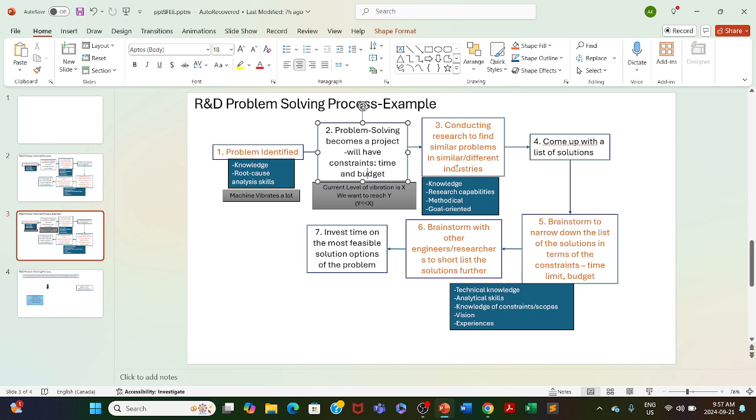What does it mean? It means first, say my product is a pressure washer, and let's also write it down. My product is a pressure washer, and I want to know how to reduce.